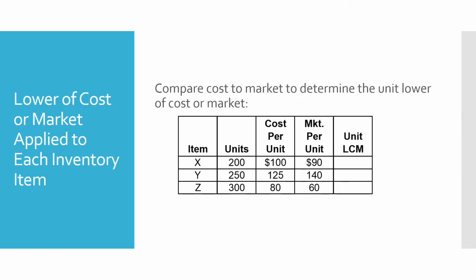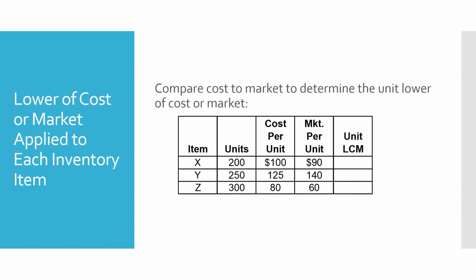So the next step is that we want to compare the cost per unit to the market value per unit to determine the unit lower of cost or market. So with the units of X, our cost was 100, the market is 90, so the unit lower of cost or market is going to be the 90.